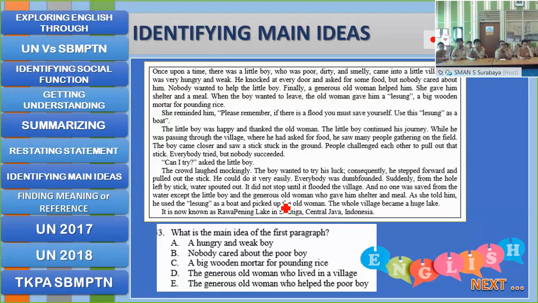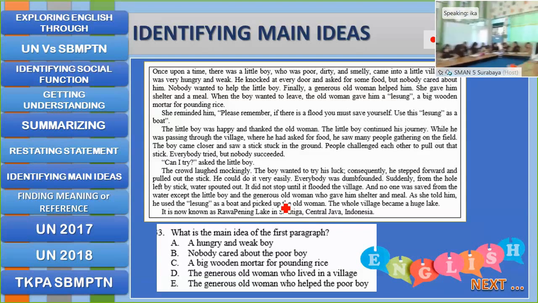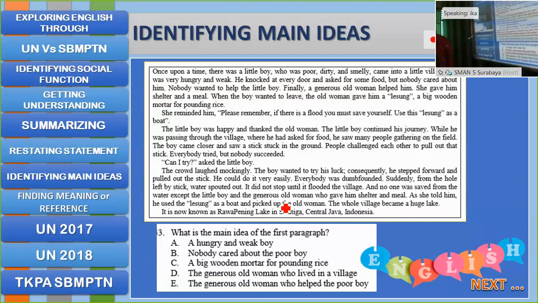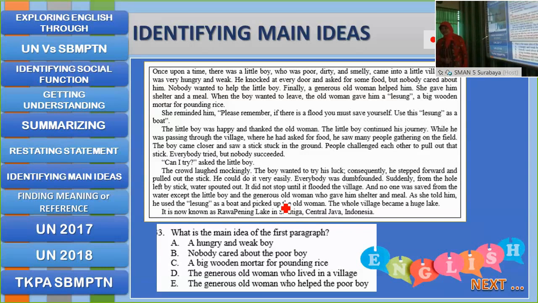There is a text. Can you guess what the text is? What kind of text is it? Narrative, yes. The narrative is considered to be what narrative? Because if we talk about narrative, there will be some kinds of it.